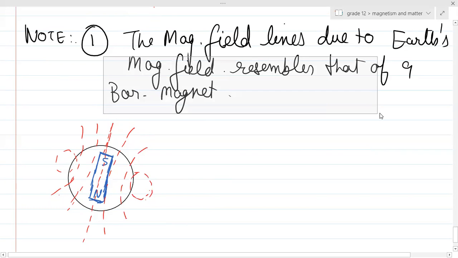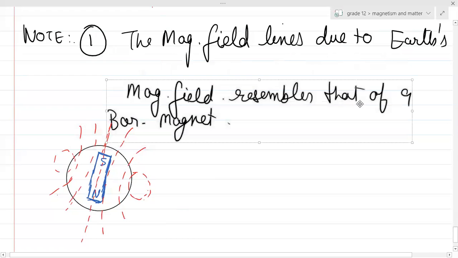Let me do one thing, since it will be lots of diagrams. So let me just shift the diagram.